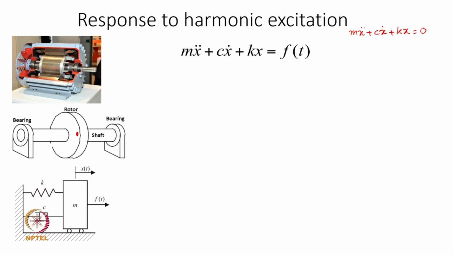We extended that to arbitrary excitation, keeping the right hand side essentially 0 in the solution process. In this case the right hand side is non-zero, and that can take different forms, but one of the common forms, as we discussed, can be F cos or F sin omega t. Okay.